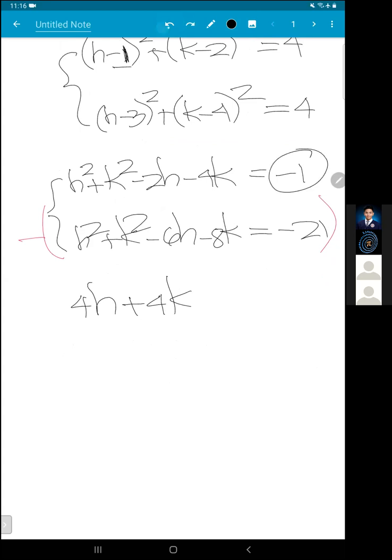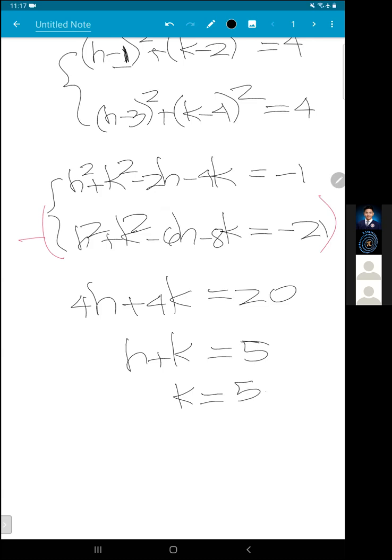Negative 1 minus negative 21, that's 20. And so it turns out that this is a very simple linear equation since you can just divide everything by 4. And thus you can express one in terms of the other. Doesn't matter which. So let's just express k in terms of h. So it's 5 minus h.